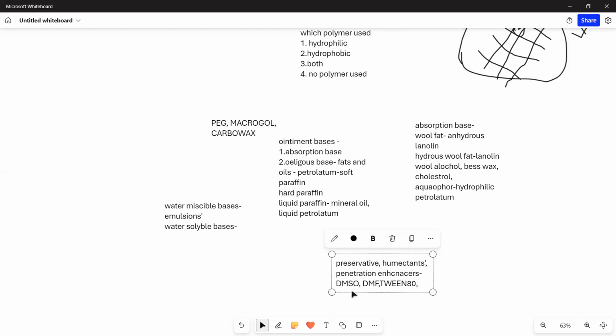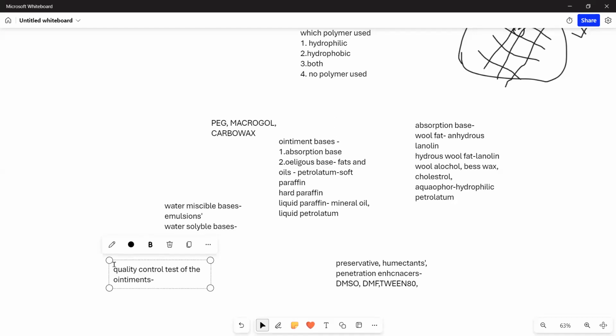These are also different tests. While coming to the quality control tests of ointments, guys, provide me the equipment used to determine the viscosity.